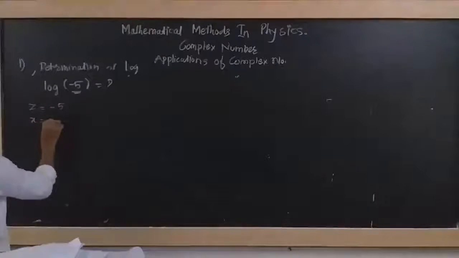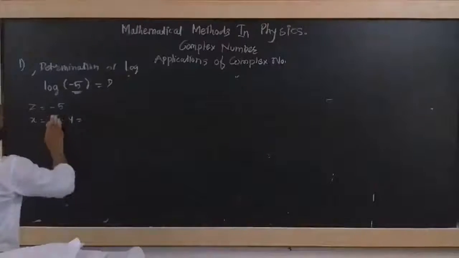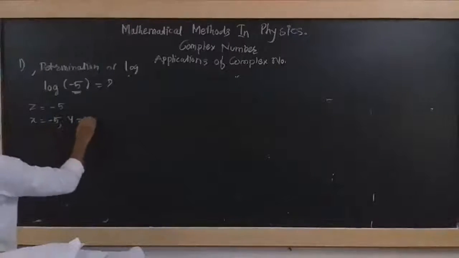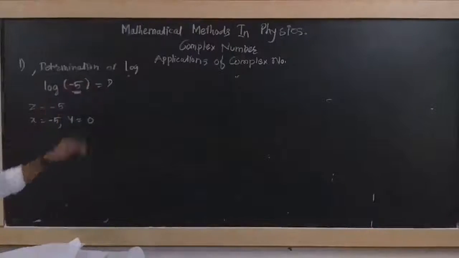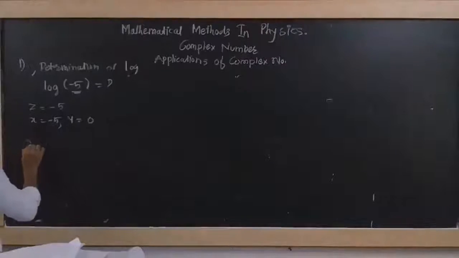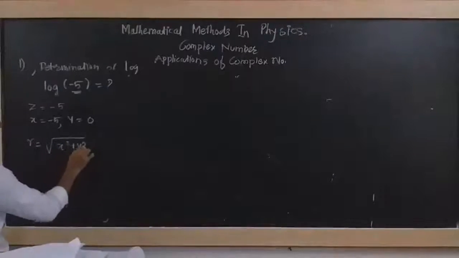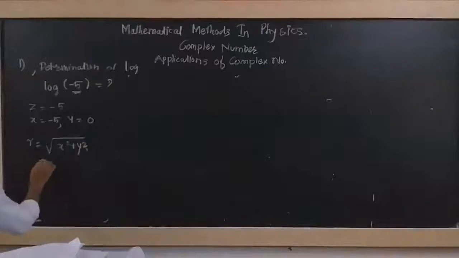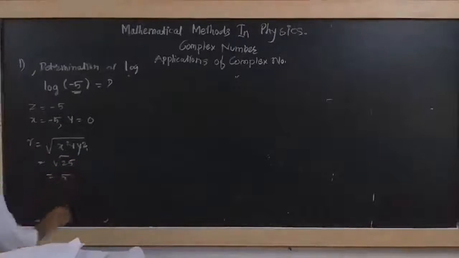That means x is equal to minus 5 and y is equal to 0, because there is no imaginary term in this complex number. So therefore find r, which is the square root of x square plus y square. So x square is 25 and 5 is the answer.